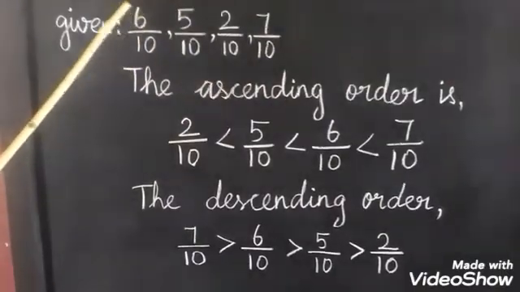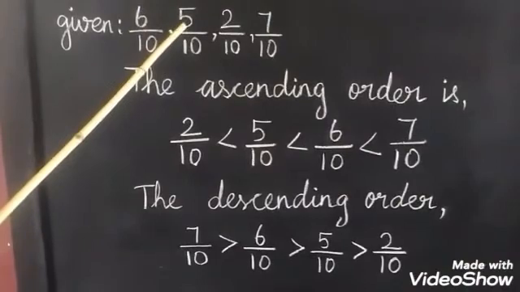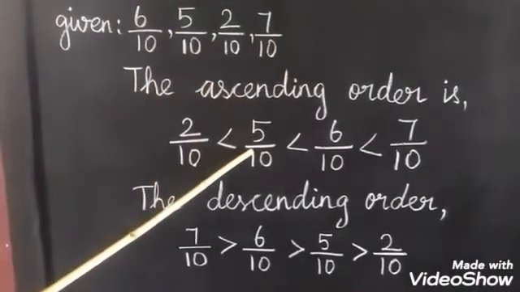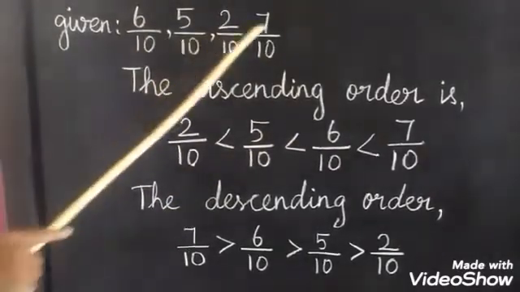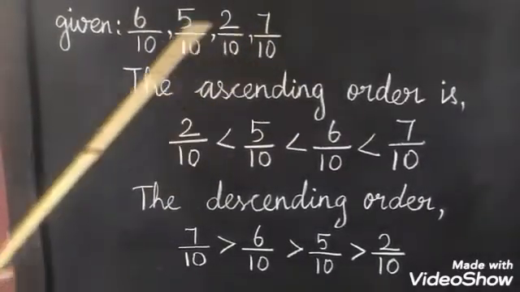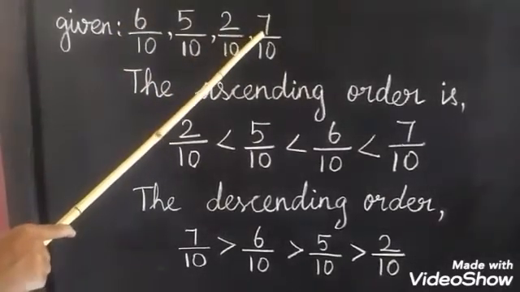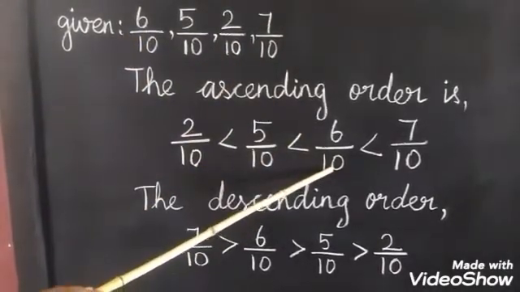Now, which is the smallest numerator? Yes, 5 is the smallest numerator. So, 5 by 10, next we want to write. What do we have remaining? 6 by 10 and 7 by 10. So, which is the smallest fraction, 6 by 10 or 7 by 10? Yes, 6 by 10 is the smallest fraction.